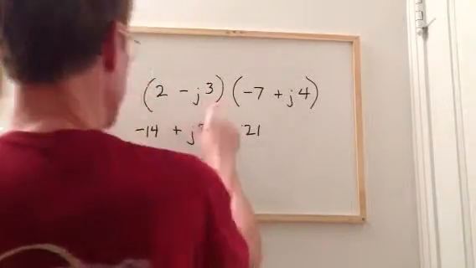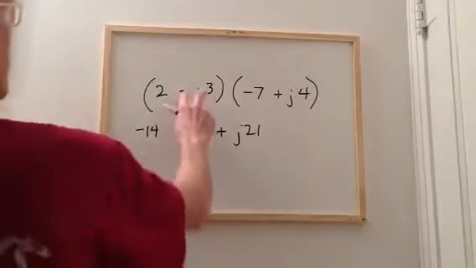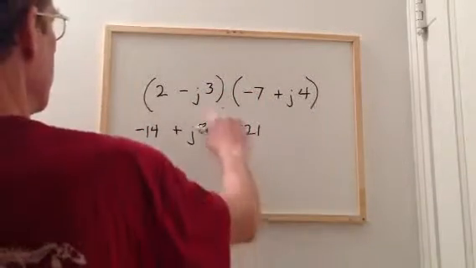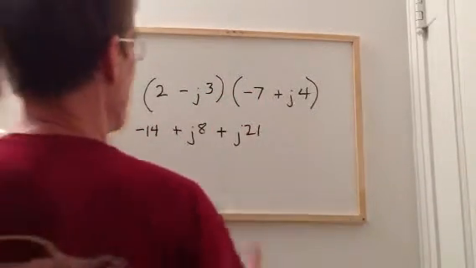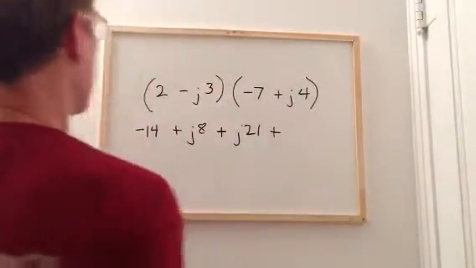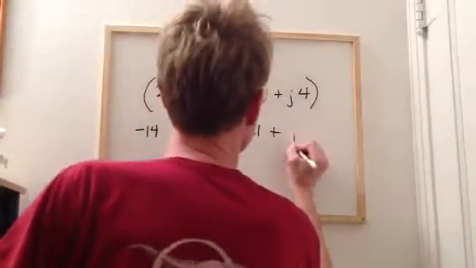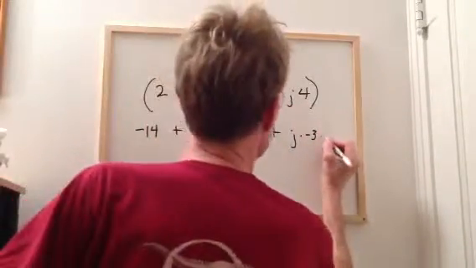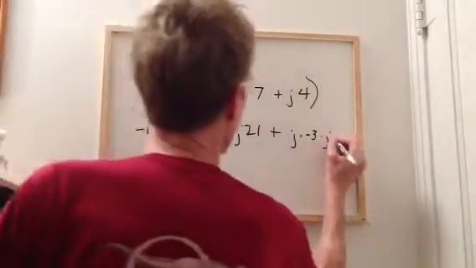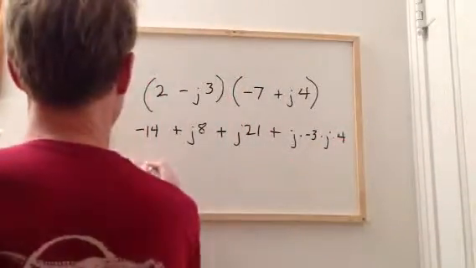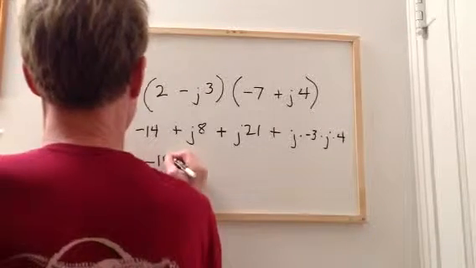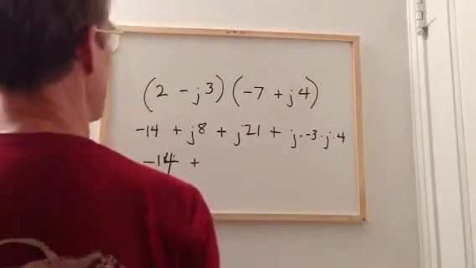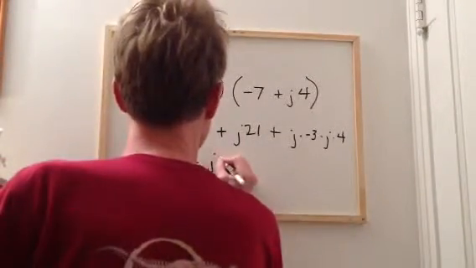When we subtract J3, that's like adding J times minus 3, so we get J times minus 3 times minus 7 equals J times 21, and finally J times a minus 3 times J times 4, which equals minus 14 plus, now J8 plus J21, remember our distributive law, that's J29.